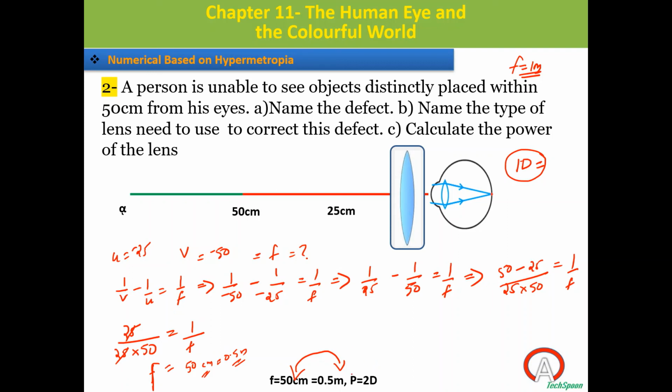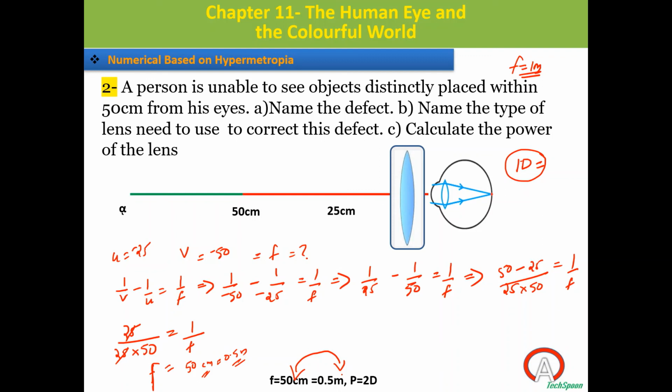So if you want to write the power in diopter, first we have to convert the focal length into meter. So 50 centimeter is equal to 0.5 meter. That is why we take 0.5 meter. Otherwise, if we take 1 by 50 centimeter, the answer will be wrong. If we write that value as diopter, it will be wrong.